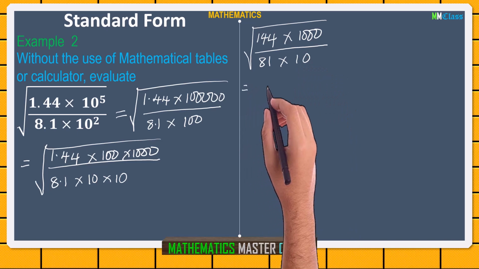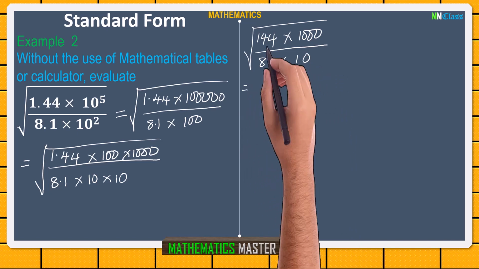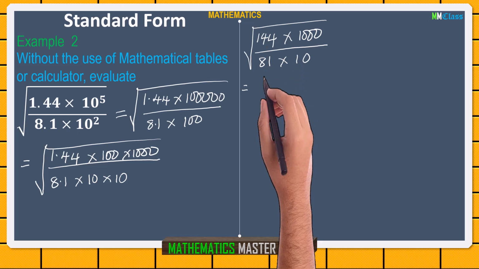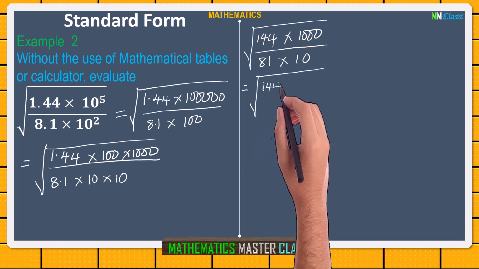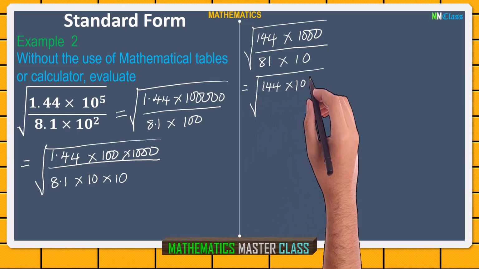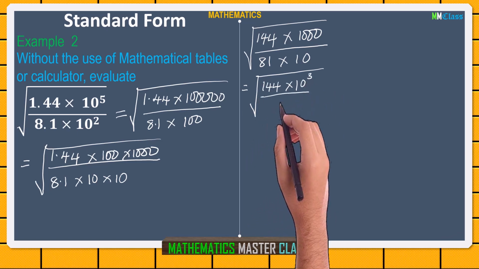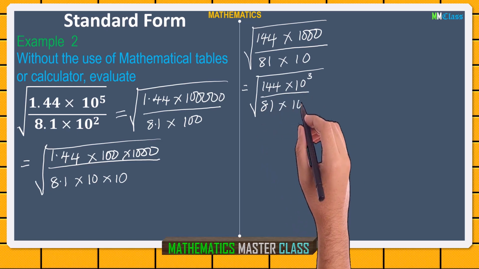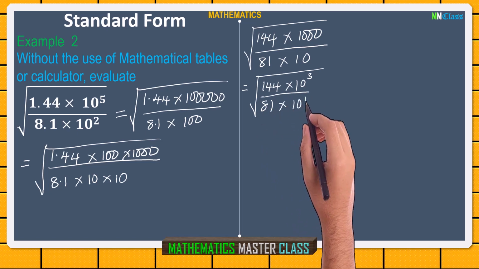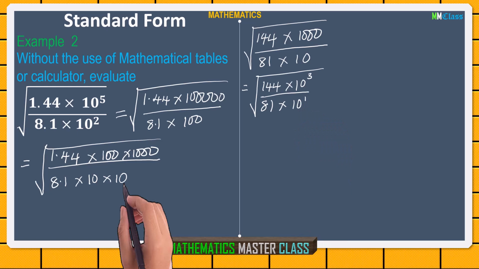So this will be equal to the square root of 144 times 10 raised to the power of 3 this time, all over 81 times 10 raised to the power of 1 this time, because 10 is the same thing as 10 raised to the power 1.